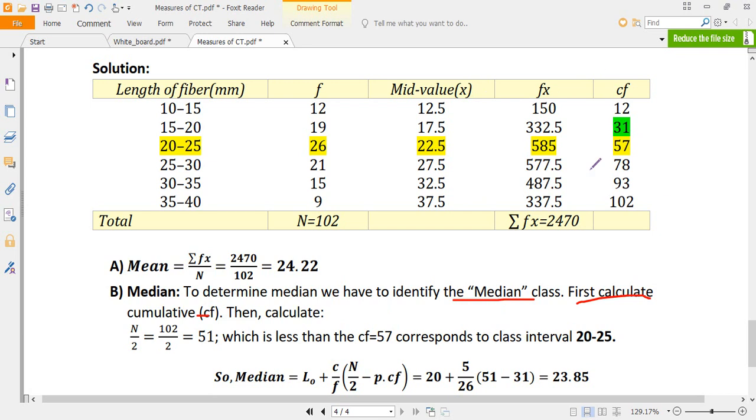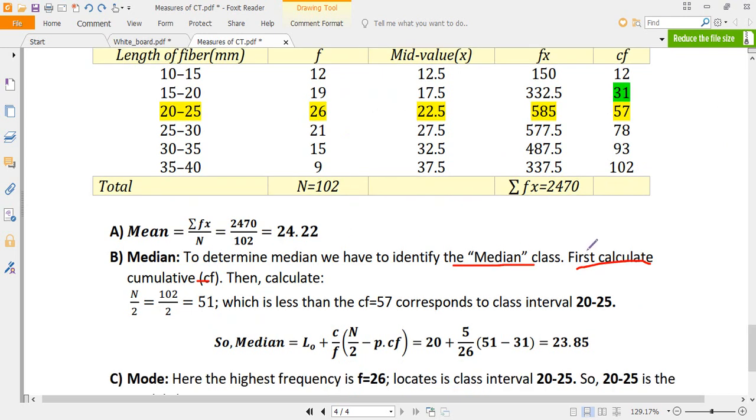This is not given; we just know the frequencies, which will be given in the question: 12, 19, 26. From the frequency we have to calculate CF, that is 12, then 12 plus 19 equals 31, 31 plus 26 equals 57, and so on. Then finally we have 102.